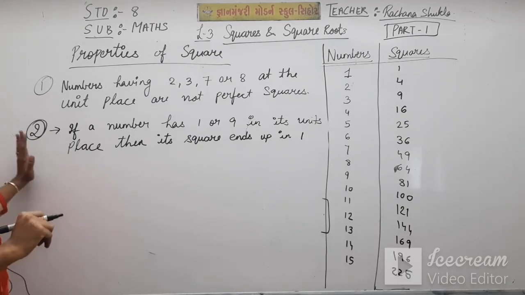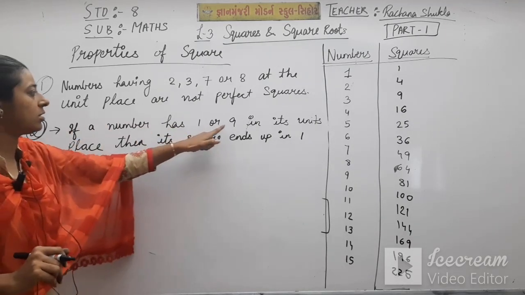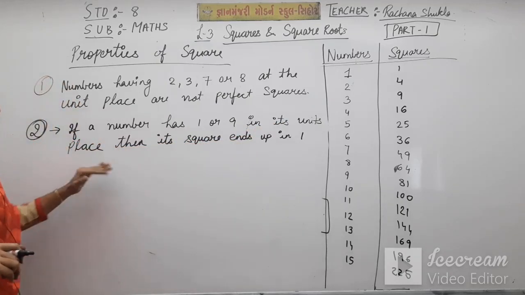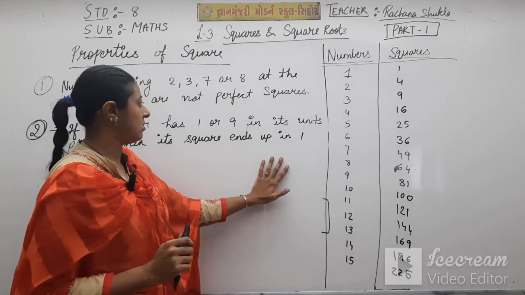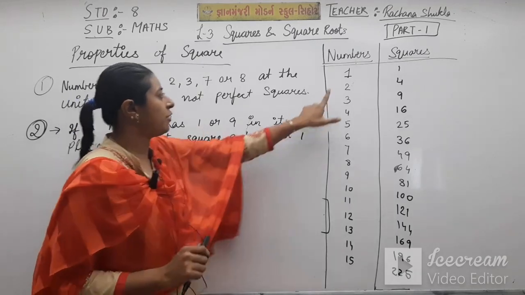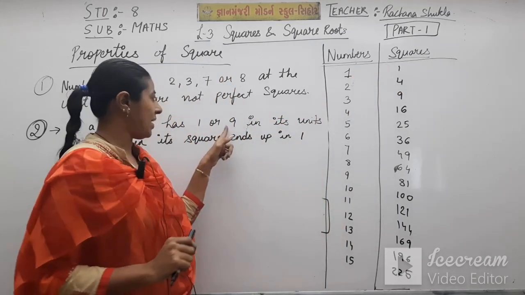Your property number 2, if a number has 1 or 9 in its unit place, then its square ends up in 1. What does it mean? Let's see in the table. See, the square of 1 is 1. The square of 9.